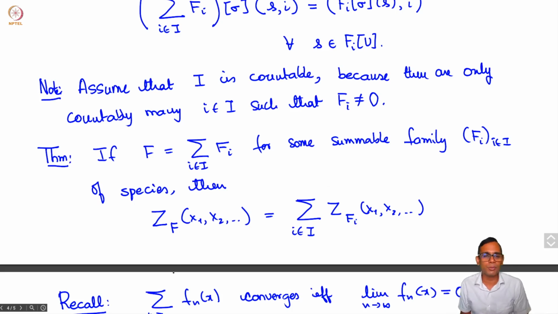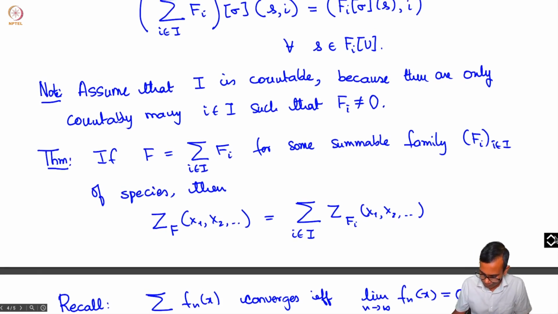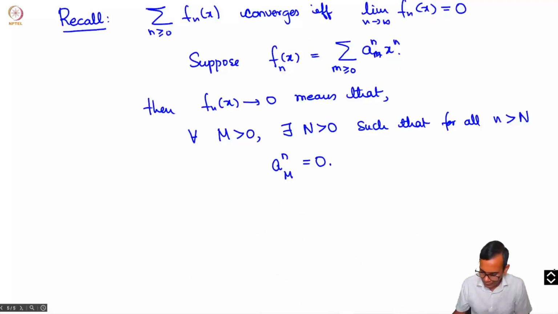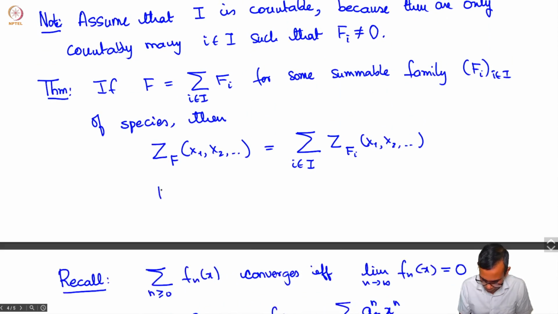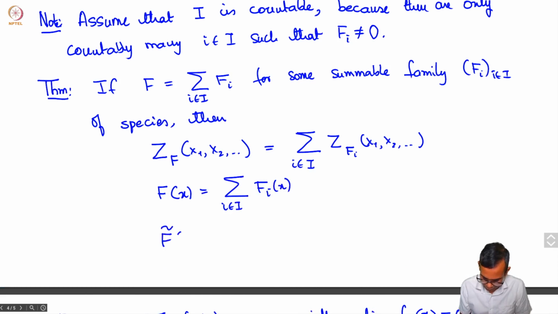I'll let you explore this a bit more in the practice problems, but I'll leave it at that here. And of course, obvious corollaries here are that F of x is the summation over i in I of F_i of x, and F tilde of x is going to be the summation over i in I of F tilde_i of x.